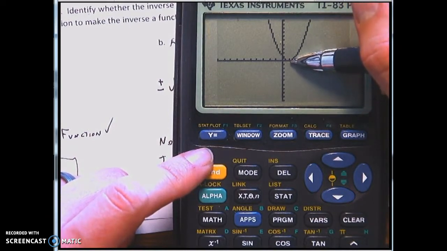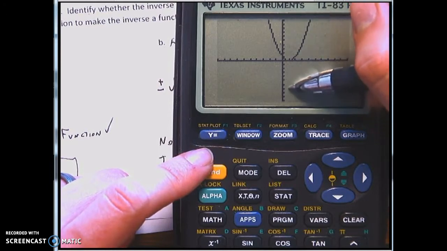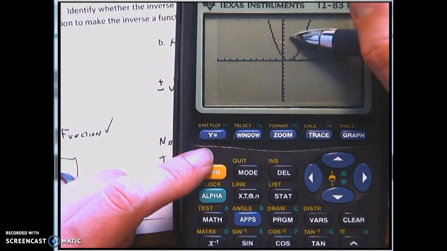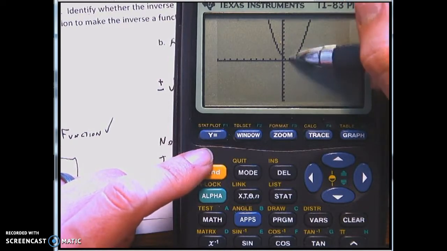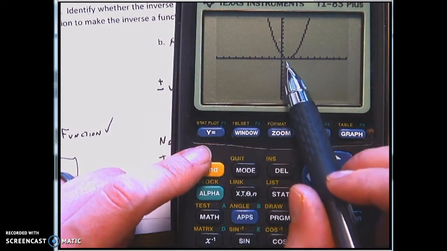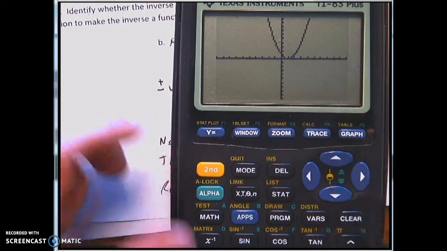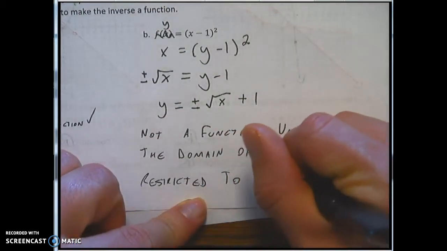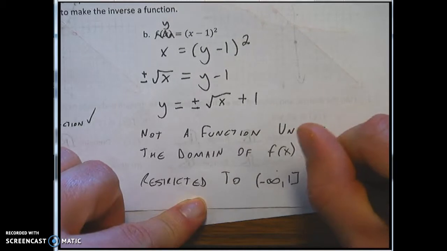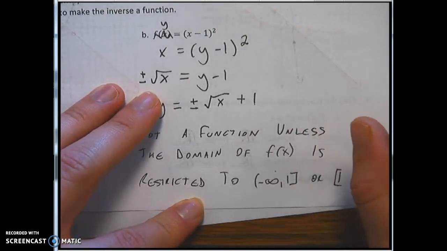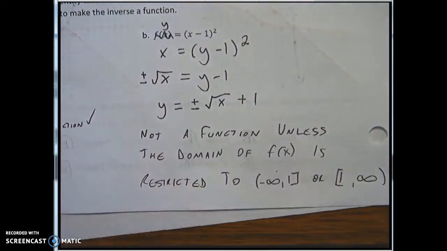Well, that vertex is right there at x equals 1. So if I was going to graph the axis of symmetry, I'd graph x equals 1. Now, the way I'm going to split this in half is I'm either going to say, okay, this thing can go from negative infinity to 1, or from 1 to positive infinity. So I can either restrict that domain from negative infinity to 1, or from 1 to positive infinity, like that.